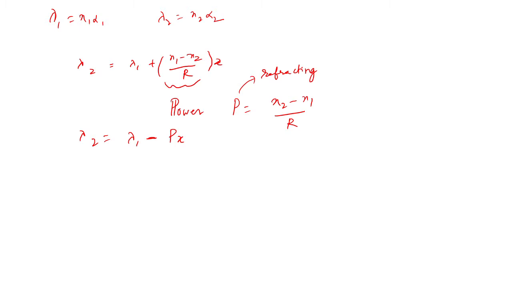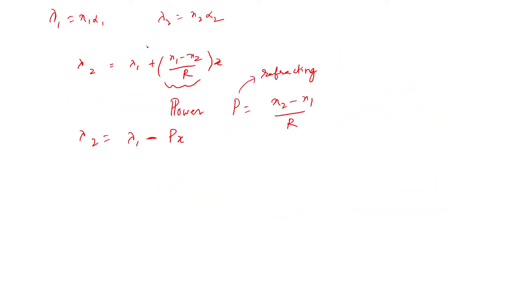And here what we are going to do is only look at the act of refraction, right? So the height of the ray before and after refraction is going to be the same. Let's go back to the previous one here.